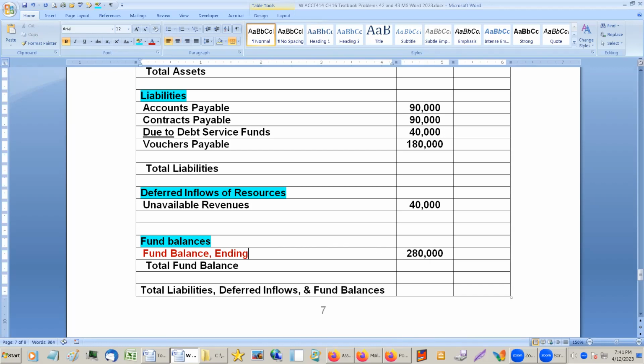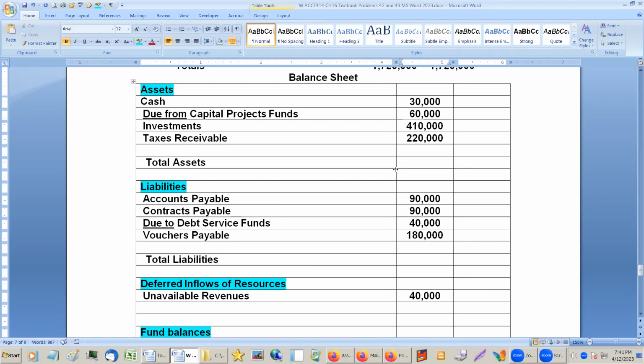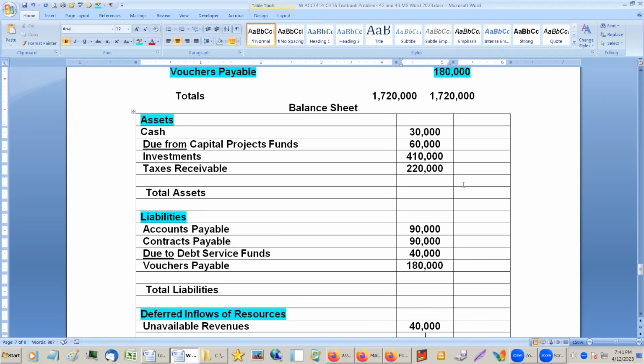So this is from the previous page. Okay, now hopefully this thing balances. If it doesn't, I'm going to start crying. All right.